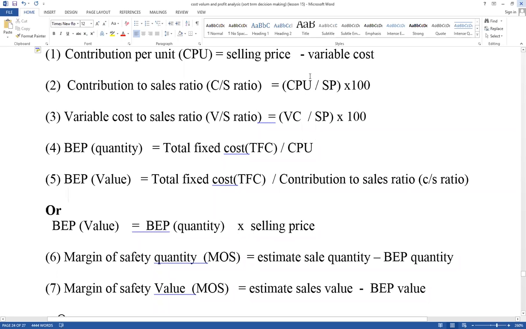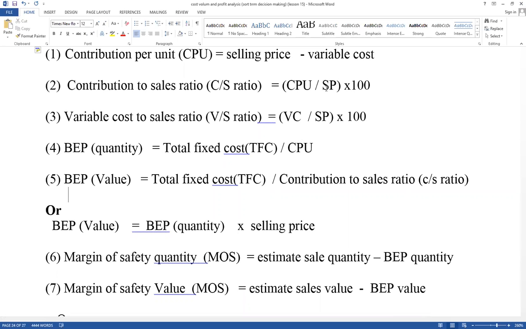In this lesson, all the costs can be divided into two parts: variable cost as well as fixed cost. Variable means when quantity changes, total cost also changes proportionately. When quantity increases, total cost also increases.